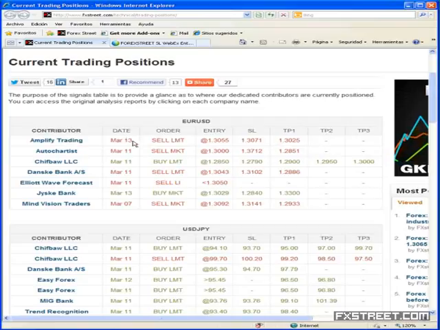We see the date. This is not necessarily the date the position was opened, but the most recent date we have any content from that particular contributor explaining or announcing that position, which is on the right side.